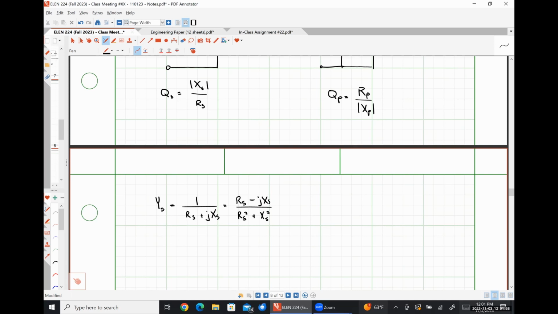To be clear, the only step that you have to do to get from here to here is multiply by the complex conjugate of the denominator over the complex conjugate of the denominator.